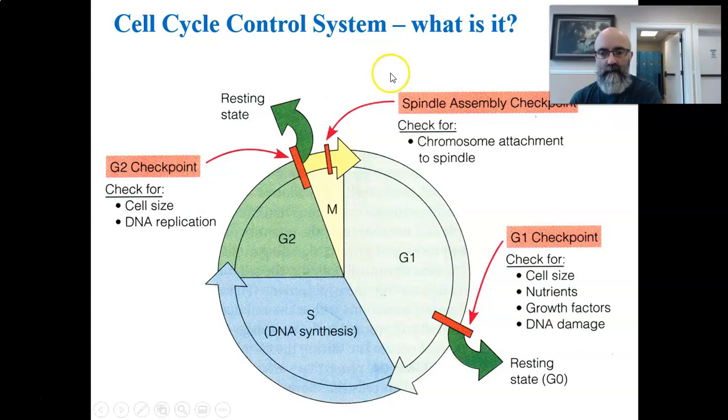So we'll start, right, new cell is born, it's growing, it's adding cytoplasm, it's getting more organelles, right? And then before it proceeds to the S phase, the cell stops, and there are protein molecules that do all these jobs.